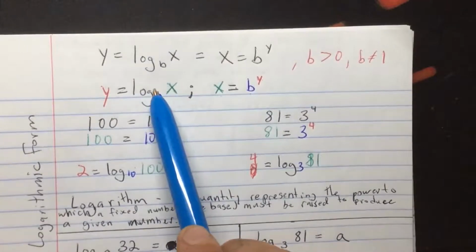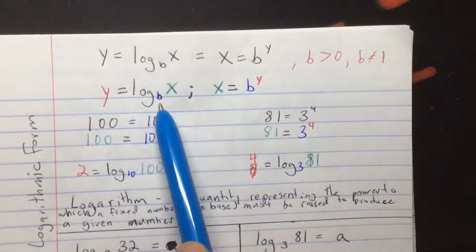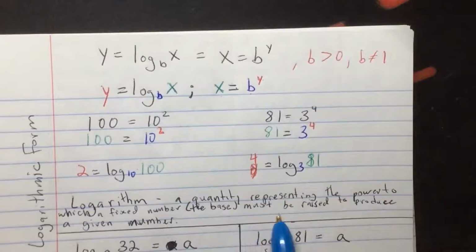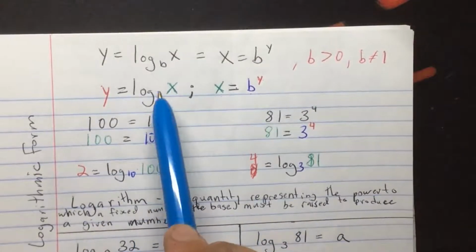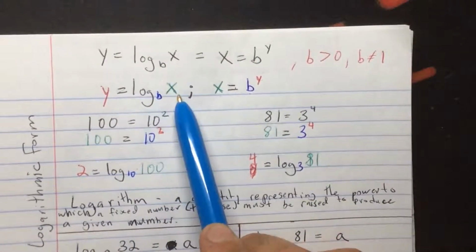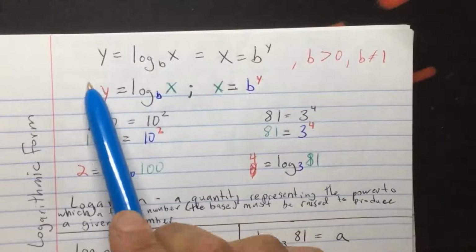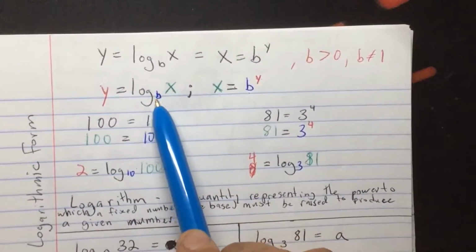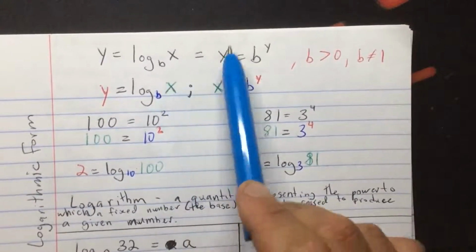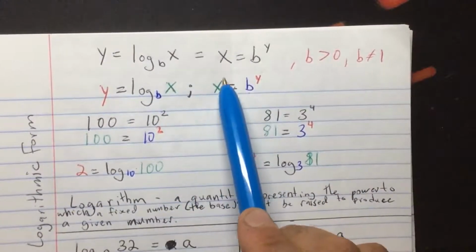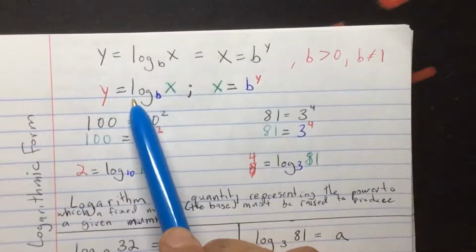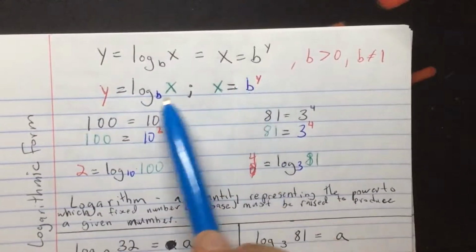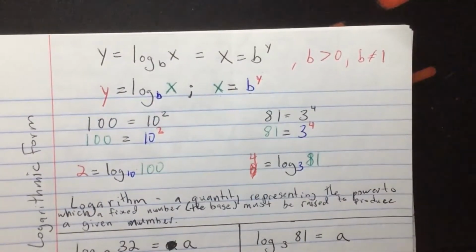So the log of that number must be raised to produce a given number. So when we get this equation, most of the time we're trying to solve for y. We have the base and we have what it's equal to after. And we're trying to solve using the log for what the power would be in order to get that number. That's basically what this is all about.